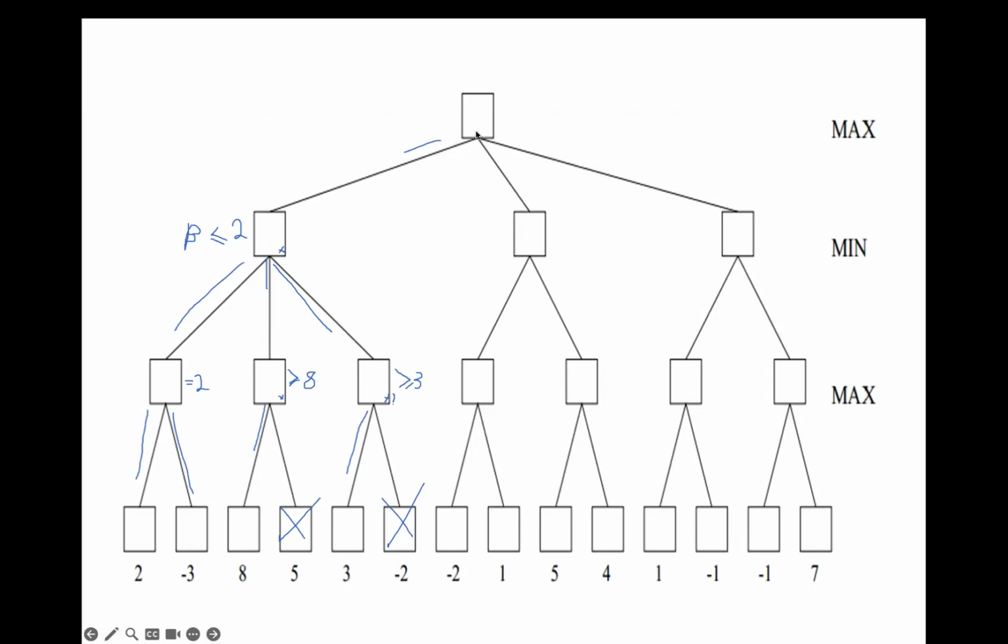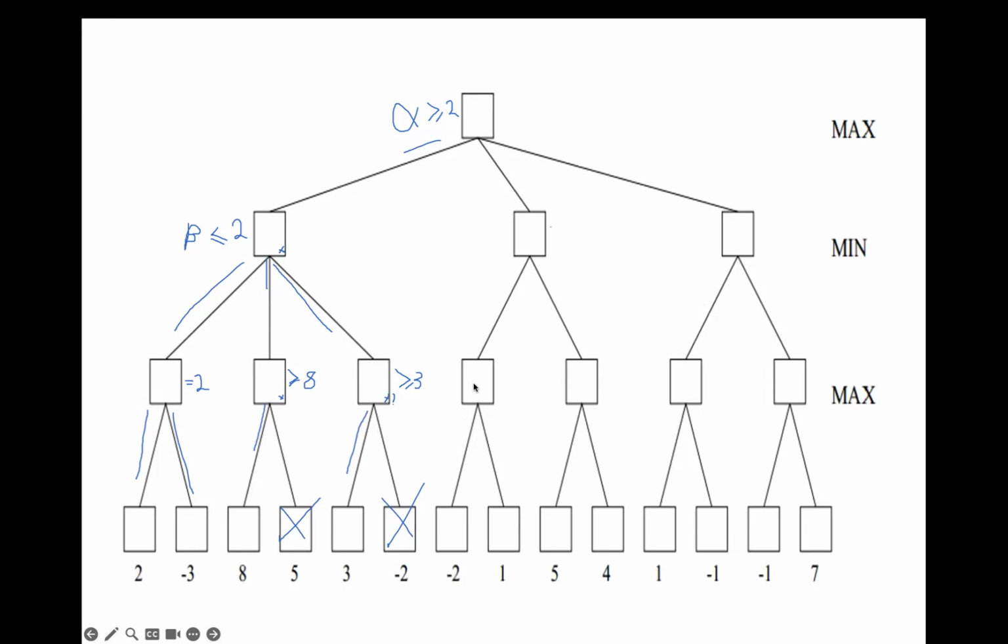We continue. So now we are back to maximizing. So when we are maximizing, we keep a value of alpha. The value of alpha that we have seen so far, here we've only seen this estimate, a 2. So we are saying the value of alpha will be greater or equal to a 2. So now we'll come here. Do we have anything on minimizing? No. So we'll check.